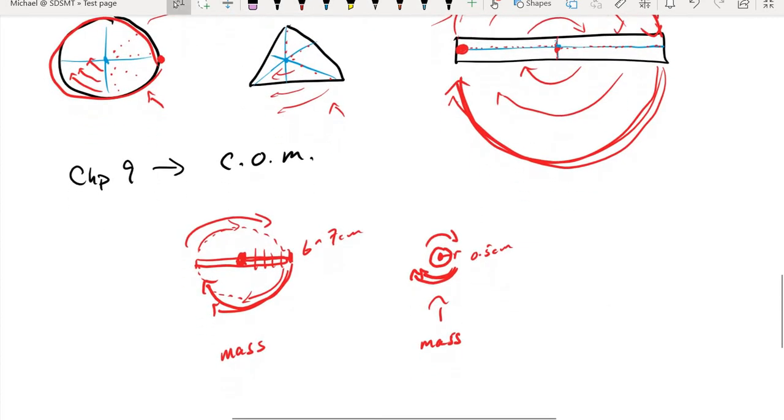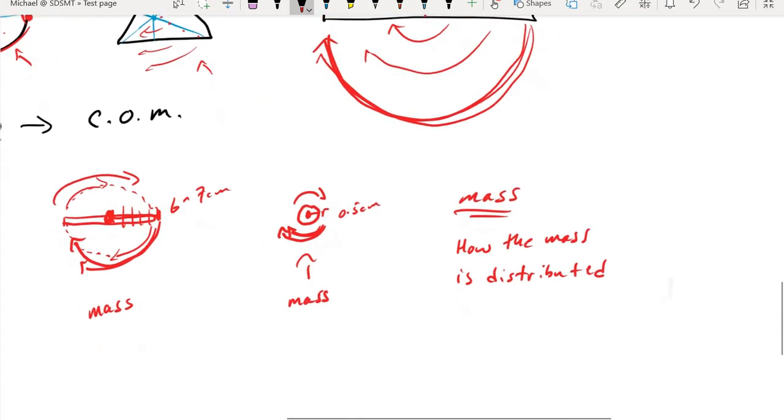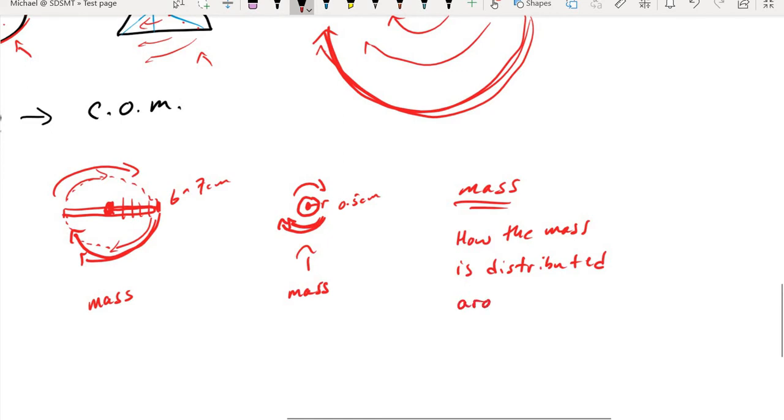And so it turns out that the mass is not the only story. We also have to consider how the mass is distributed. So how is the mass distributed around the pivot point?